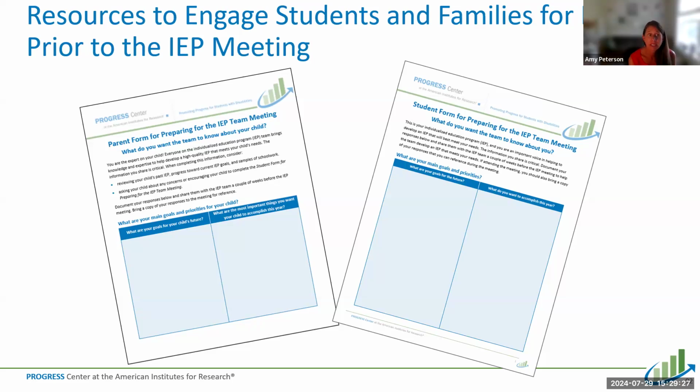And so just really making sure that we're taking the time to collect some of that information ahead of time so we can use that in order to develop a strong program for students.